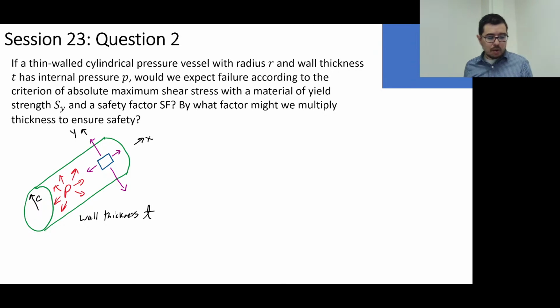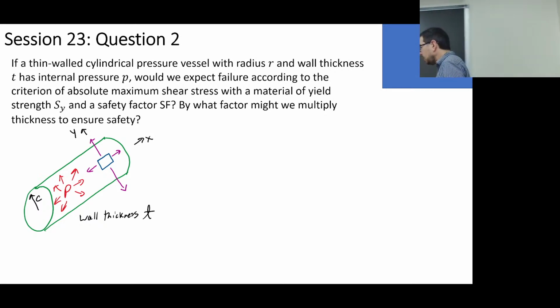Question 2. This one is going to use the absolute maximum shear stress with a material of yield strength SY. By what factor might we multiply thickness to ensure safety?